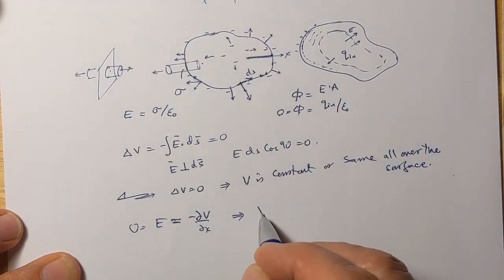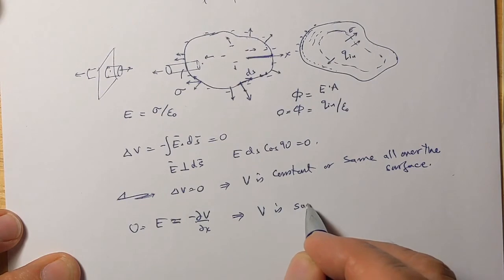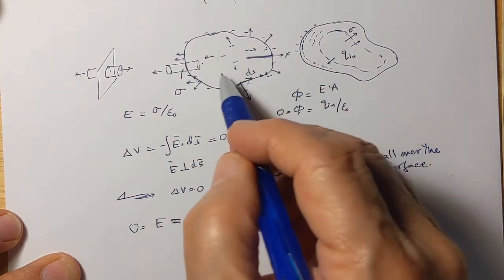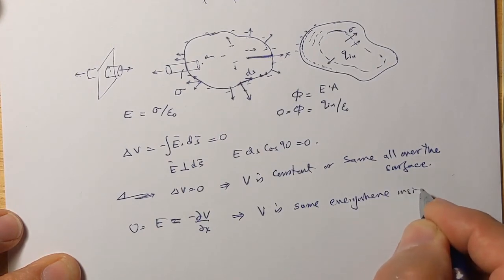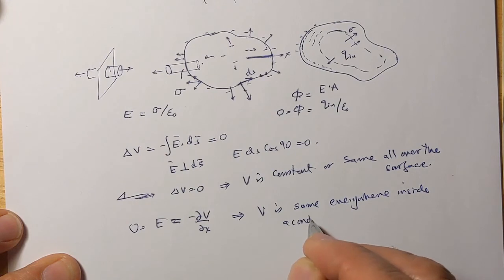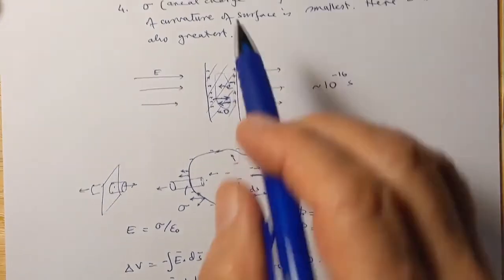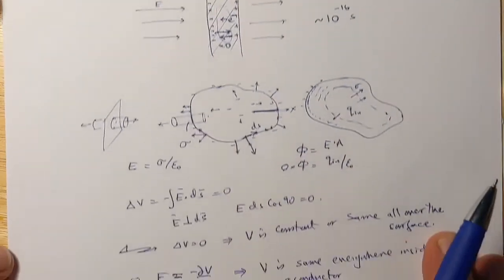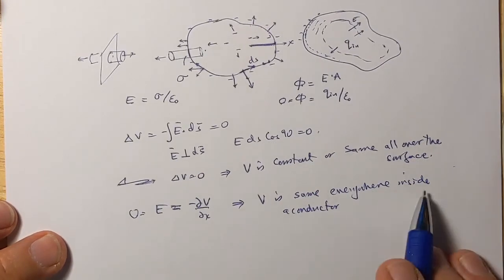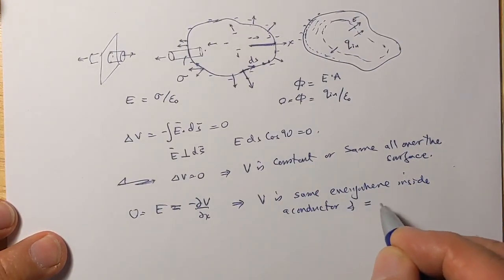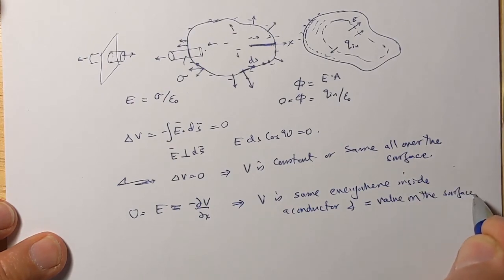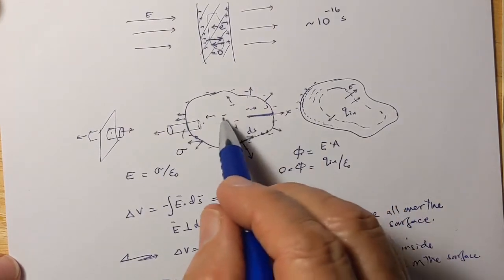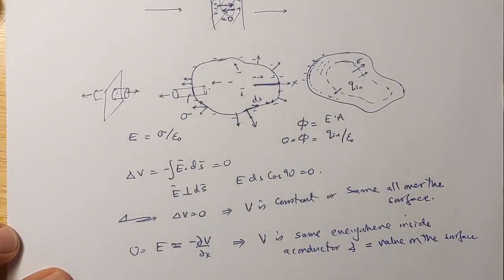So the potential is the same everywhere inside the solid, inside a conductor. Now this applies only for a conductor and not for an insulator. All of these others also applied only for a conductor. So the potential is the same everywhere inside a conductor, and it's equal to its value on the surface. Whatever the value of the potential on the surface, that is the same everywhere inside.